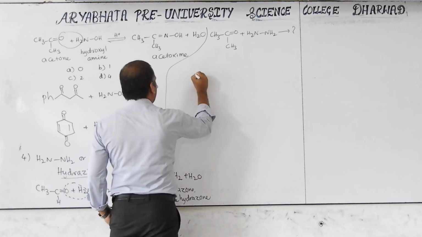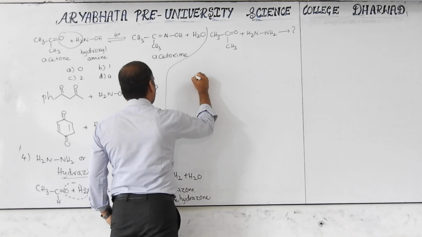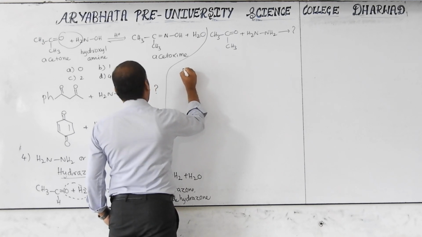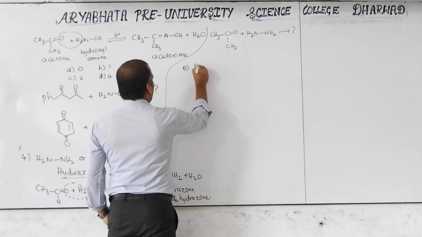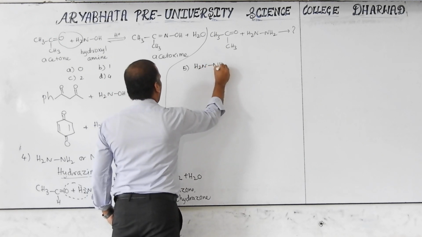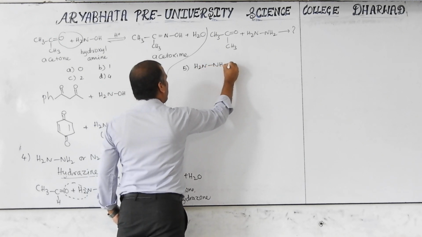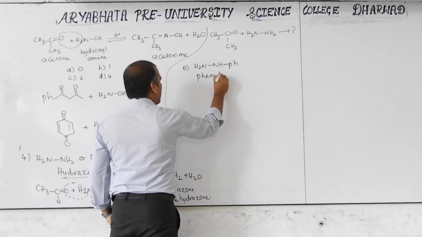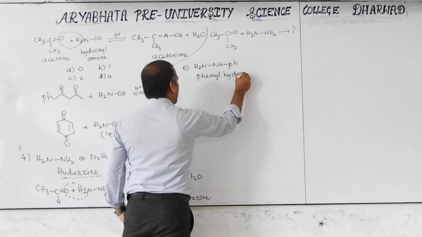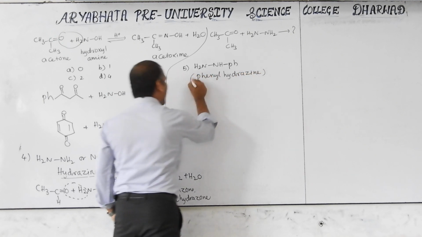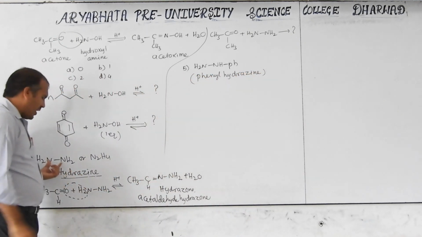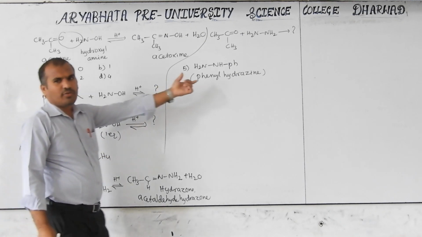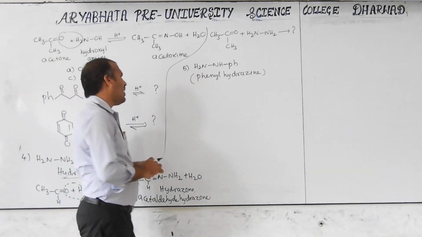Now the question is, the fourth one is done, next is the fifth one: NH2NHPh. What is the name of this compound? Phenylhydrazine. Hydrazine with one hydrogen replaced by phenyl, together called phenylhydrazine.